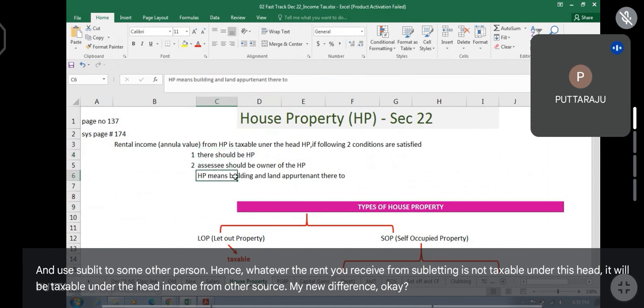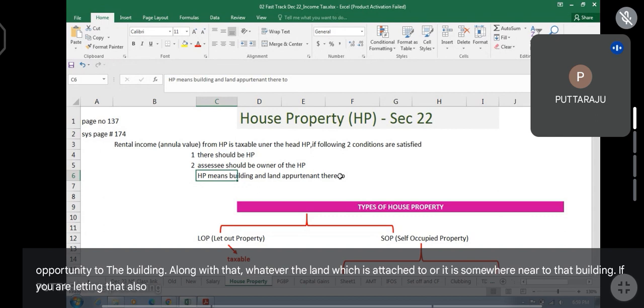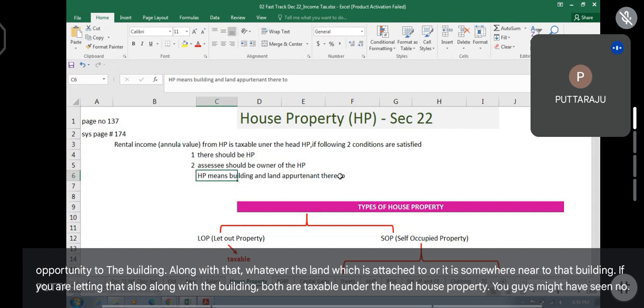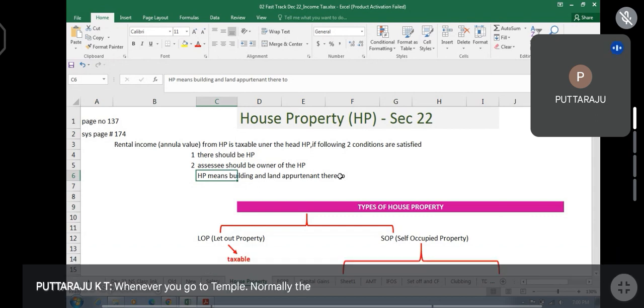House property means building and land appurtenant thereto. The building, along with whatever land is attached to it or is somewhere near that building, if you are letting that also along with the building, both are taxable under the head house property. You guys might have seen, whenever you go to a temple, normally the parking space will be next to the road. Some vacant site will be available.